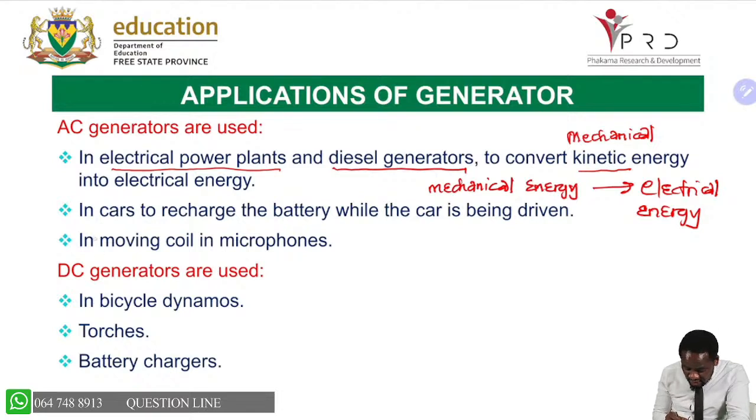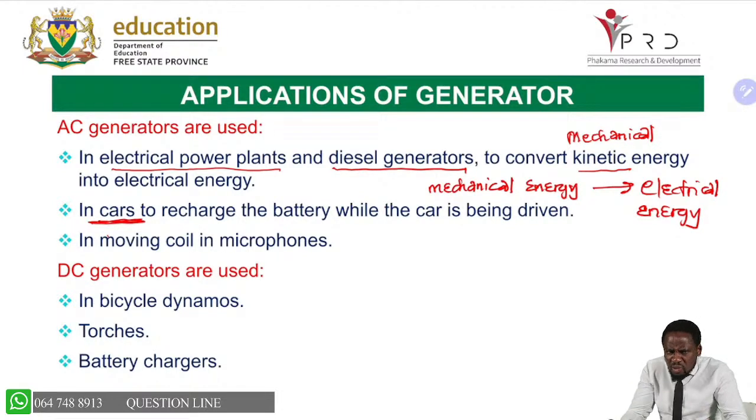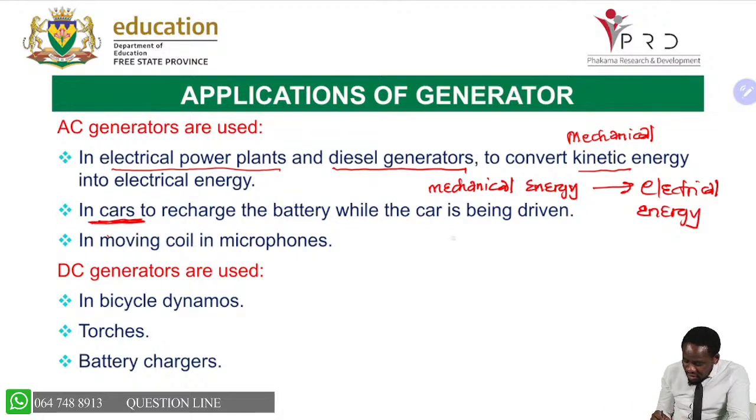In modern day automobiles, cars have become more than just a luxury. It's a necessity because it is a mode of transport. It makes life much easier. So cars recharge the battery while it is being driven. The name of the generator, or the AC generator that is used in a car in this case, is actually an alternator.